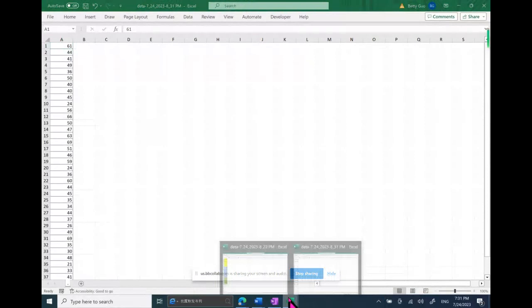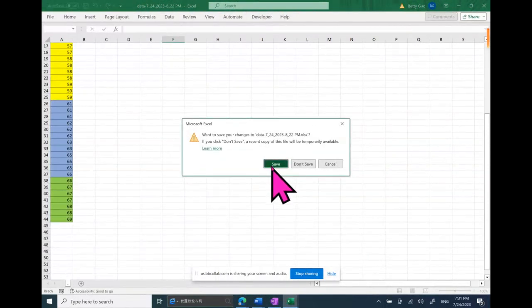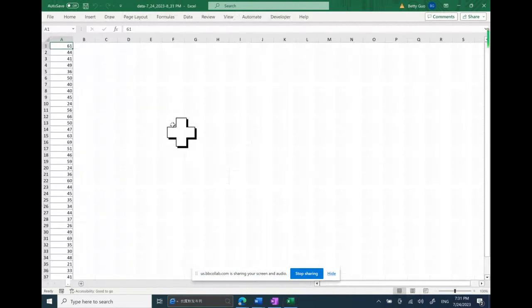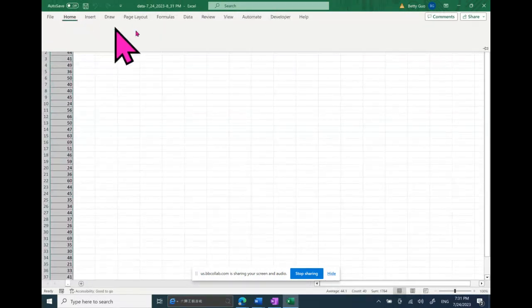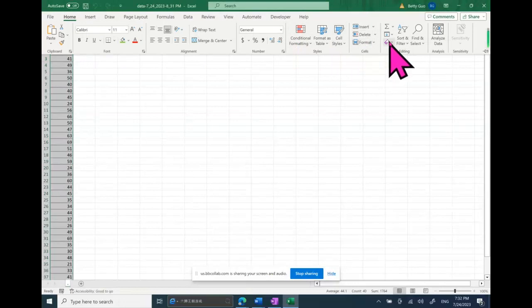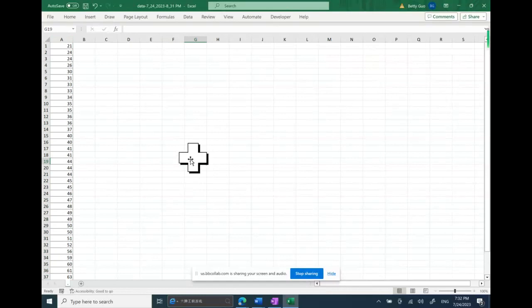Let me close the one we already did. So choose the whole column and sort from the smallest to the largest. And it's sorted, right? You see that? Okay, very good. If you want to color it, that's good.